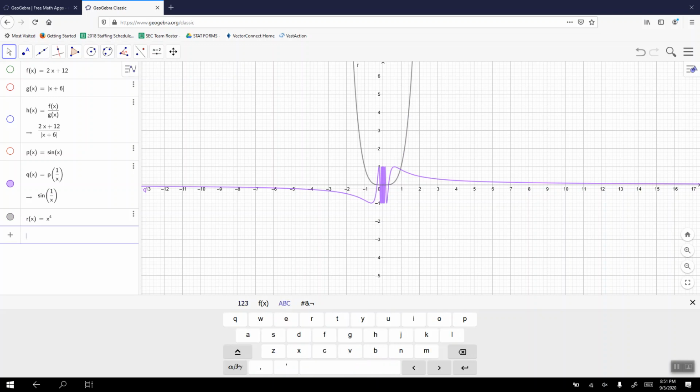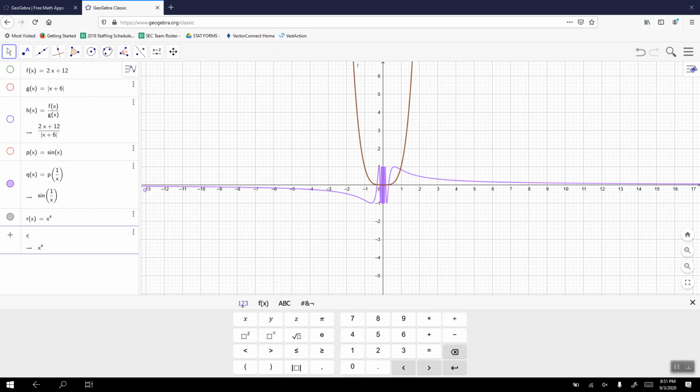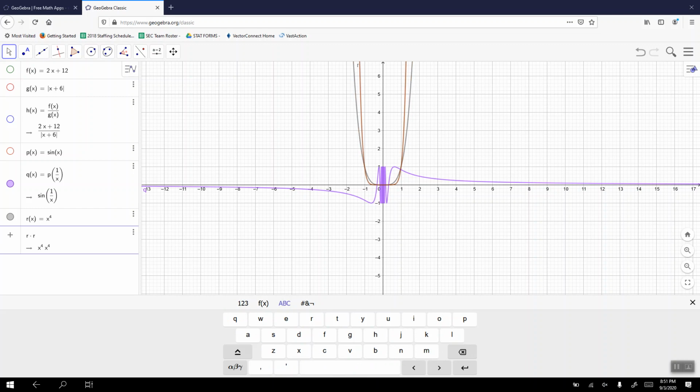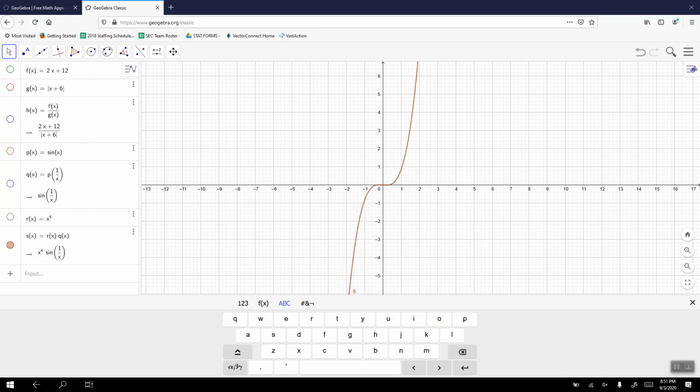So I'm going to take my functions and multiply them together. x to the 4th is r, oops, wrong one, which is q. There we go. So my function of x to the 4th times sine of 1 over x looks like this.